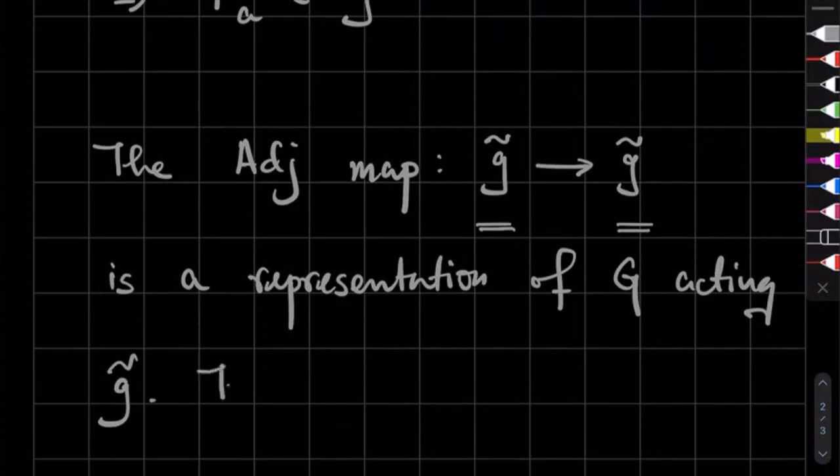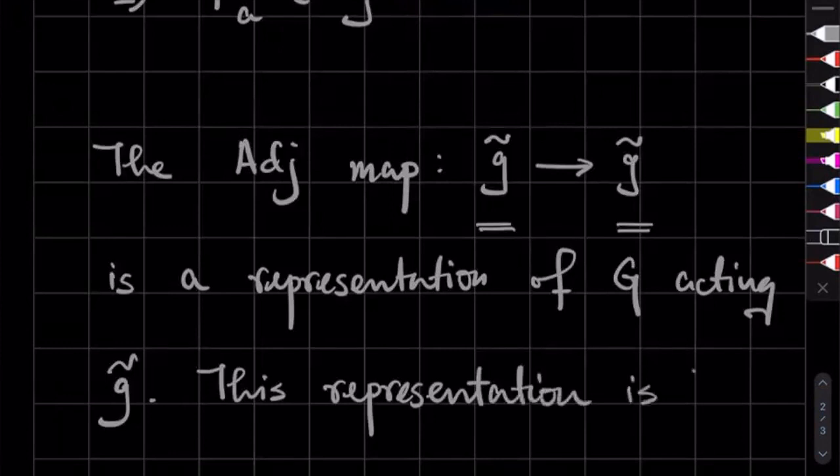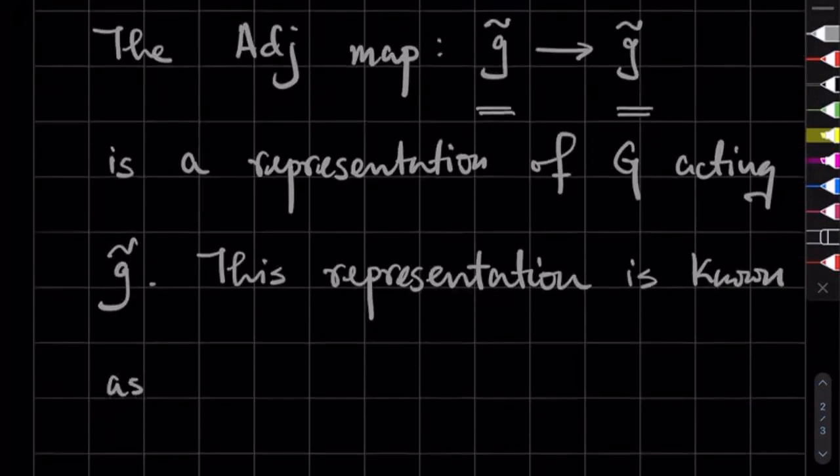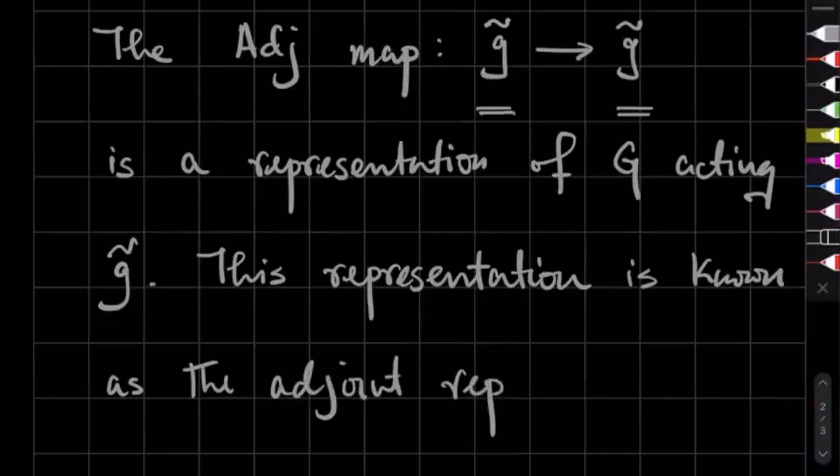This representation is known as the adjoint representation, okay? It's a very special representation that plays a very important role in the theory of representations.